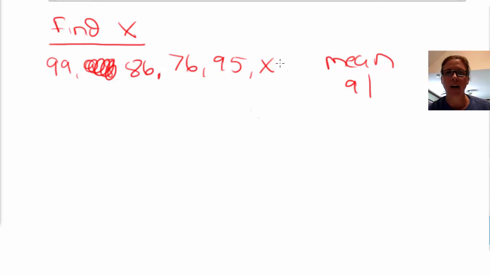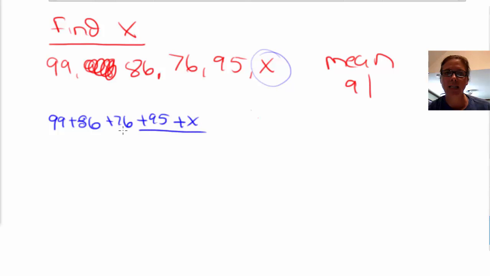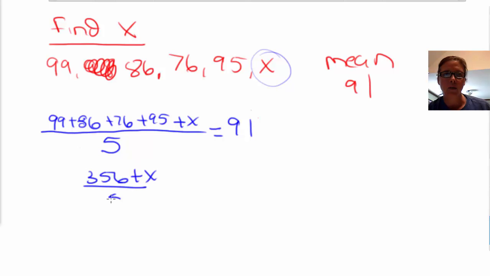And then we have to find X. So remember, average, we just add them up, divide by the total number. So we're just going to add 99 plus 86 plus 76 plus 95 plus X. Put that X in there. 1, 2, 3, 4, 5. And there's 5 things of data. And it's going to equal 91. Because remember, the mean is just the average. So we already know what that is. So when we add that up, we should get 356 plus X over 5.